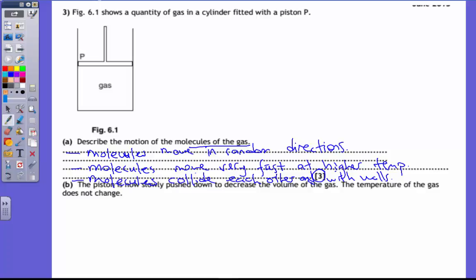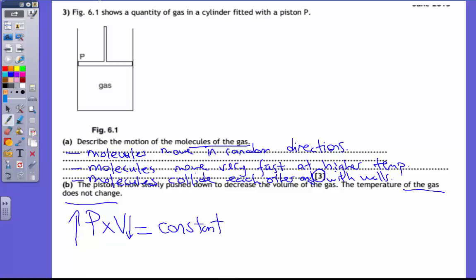The temperature of the gas does not change. Well, remember Boyle's law: pressure times volume is always constant when temperature is constant. So when we reduce the volume, the pressure increases.